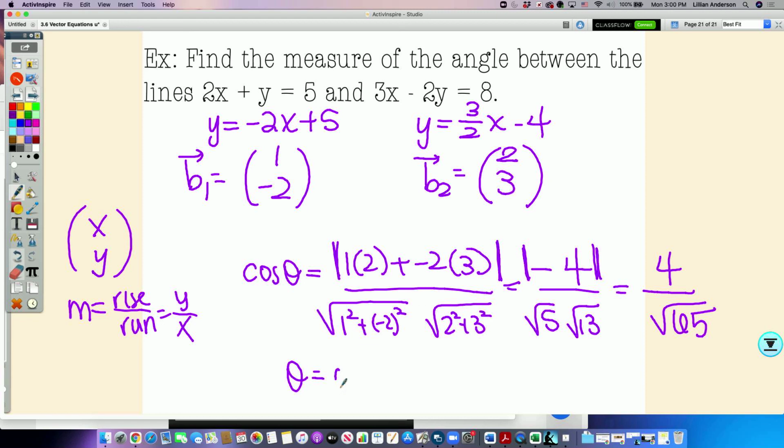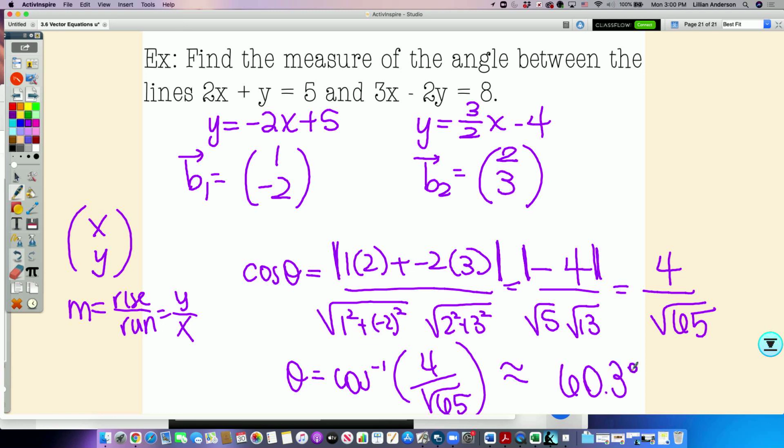To find my angle, I'm going to do the cosine inverse of 4 over the square root of 65. Remember, the top is the absolute value, so it has to be the positive 4, not the negative 4. These are lines, not vectors. What is my angle? 60.3. And that's how you find the angle between two lines.